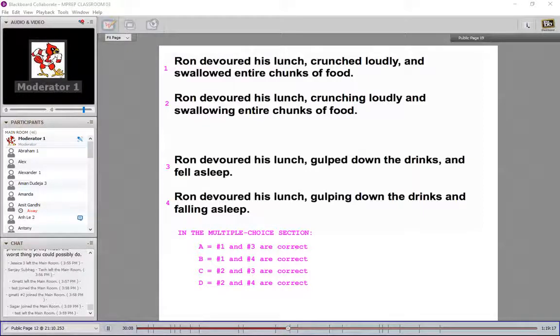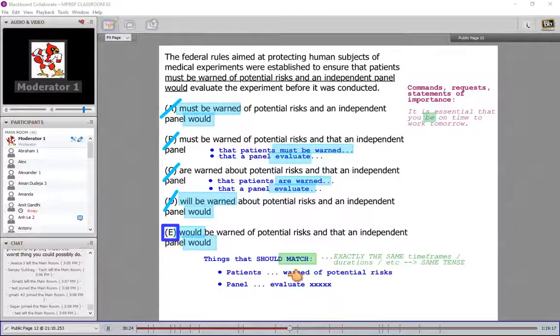Okay, when we talked about this problem, notice this word that we wrote: the word should.